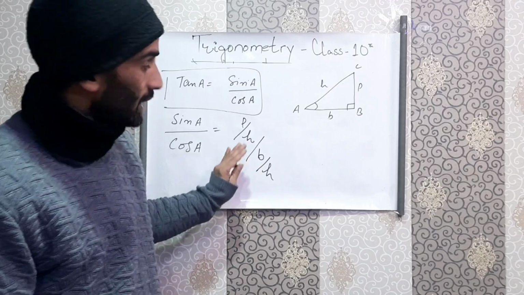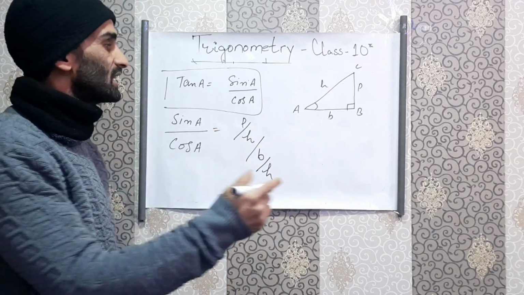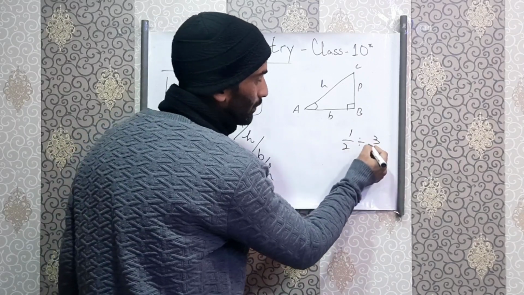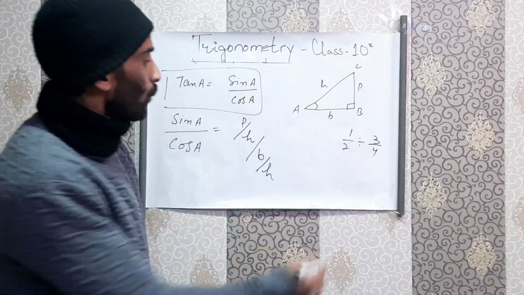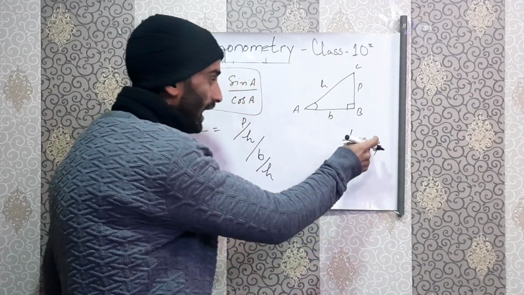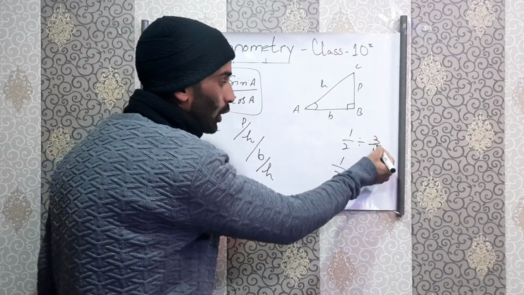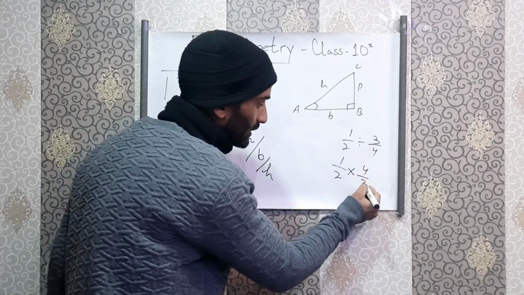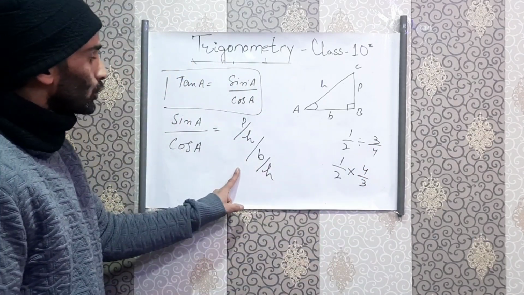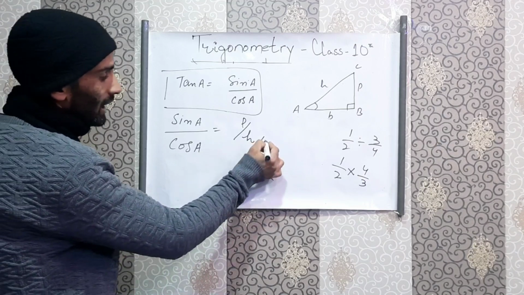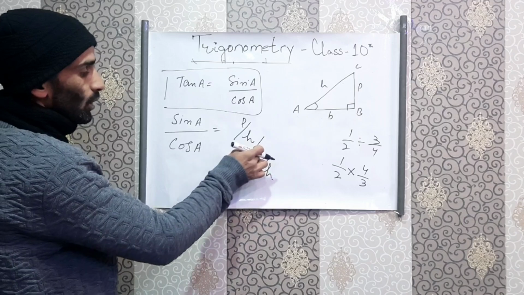Clear, my dear? Now one more thing. In fractions we have learned 1 by 2 divided by 3 by 4. What are we doing? We write 1 by 2 directly, and instead of division we write multiplication, and the reciprocal of 3 by 4, that is 4 by 3. Same way we are going to do here. Instead of division, we write multiplication and the reciprocal of this.